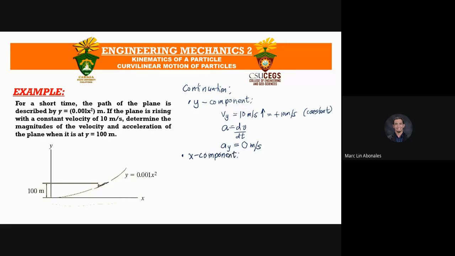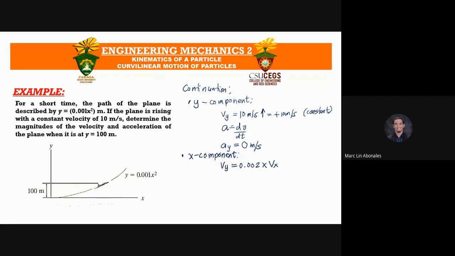For the x component, based on what we solved earlier, Vy is equal to 0.002 x Vx. Okay? So on finding the x component of the acceleration using this expression, we will again use the chain rule of calculus.